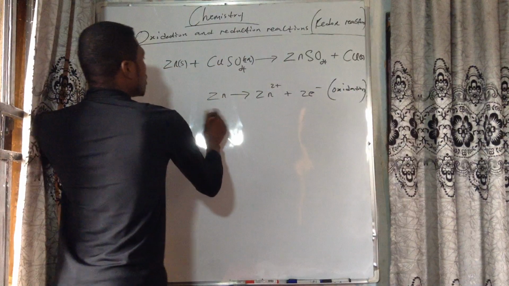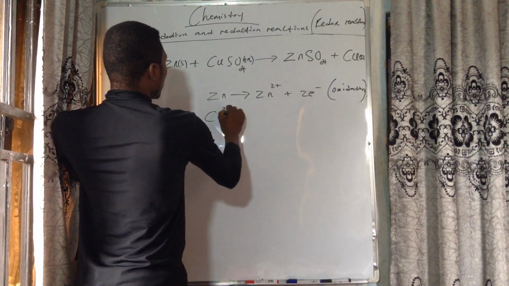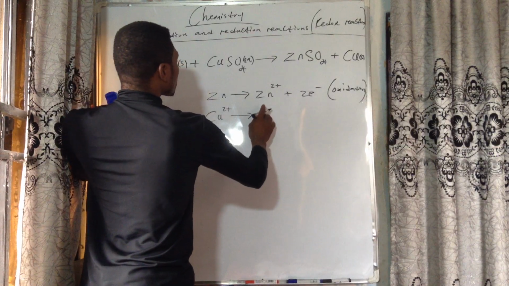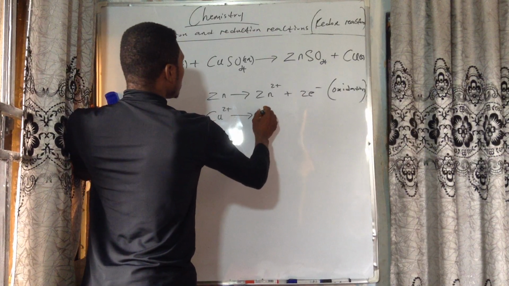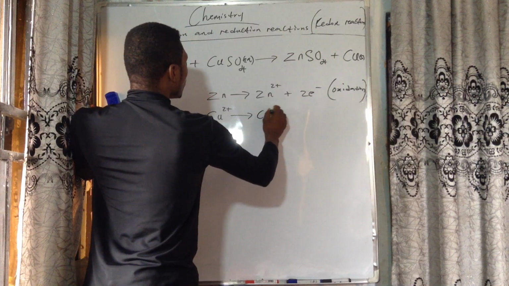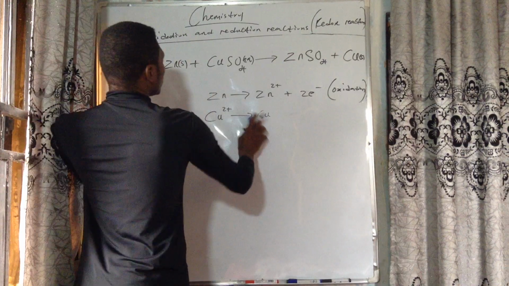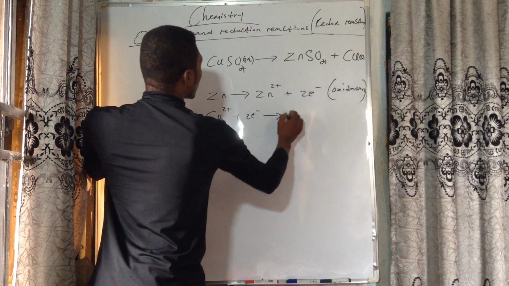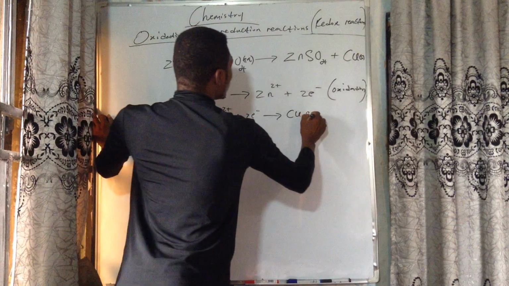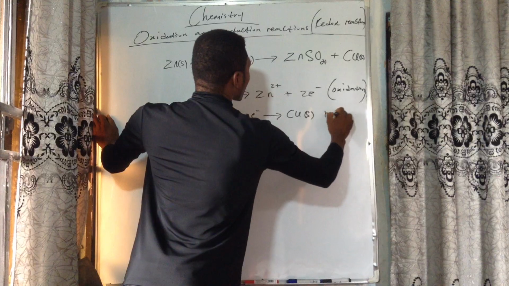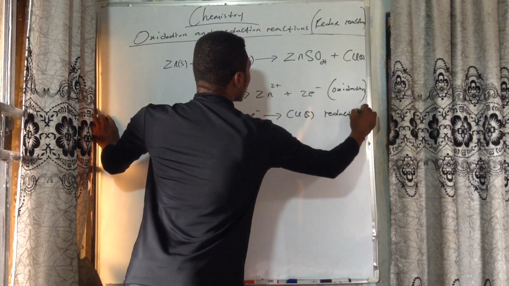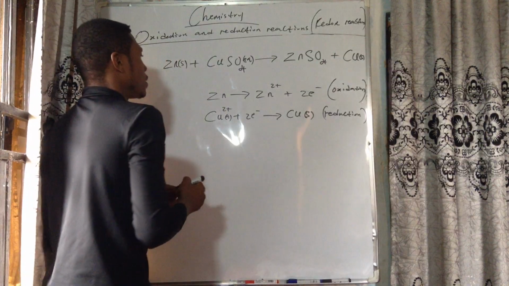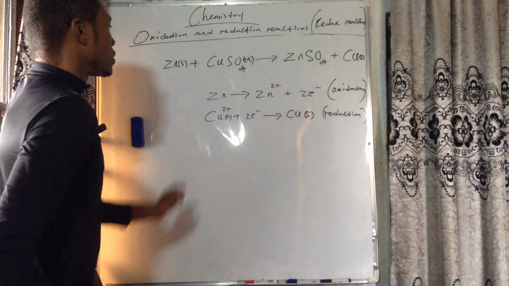The other one is Cu2+, and Cu2+ plus 2 electrons will give us Cu. We have Cu solid. We have reduction. This is the oxidation half-cell. This is the reduction half-cell. Okay, so this is it.